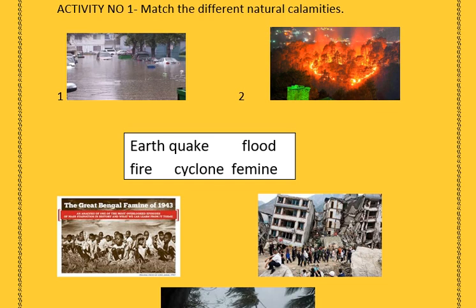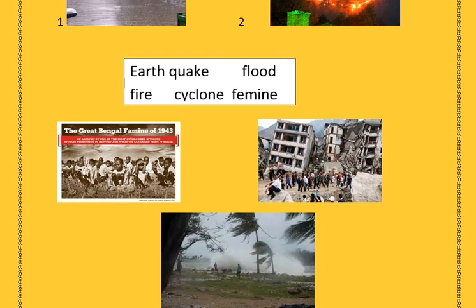And the fifth one is the cyclone, and it is very common near the coastal areas of any country, like in India. Recently we have observed the Amphan cyclone in Orissa and West Bengal coastal regions. It happens due to the pressure created inside the oceans, and then heavy rain or very high speed winds come.